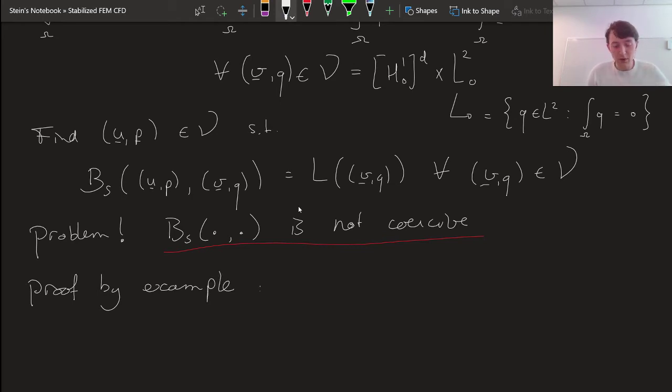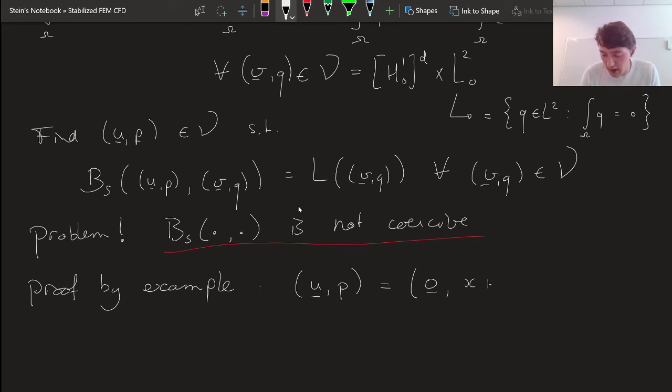And the example that I'm going to use is that my solution field U, P is going to be equal to 0, and it doesn't matter what I substitute for the P. Let me substitute the value 1. Or this is a function, right? P is a function, so let me be consistent in my notation.